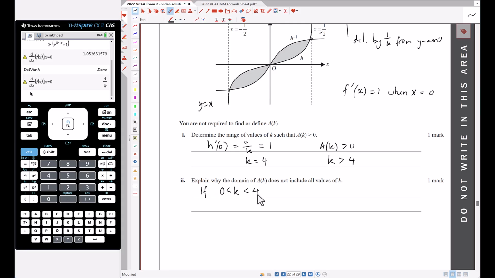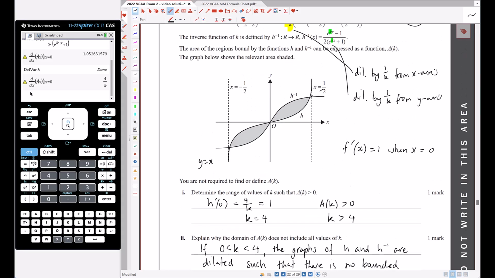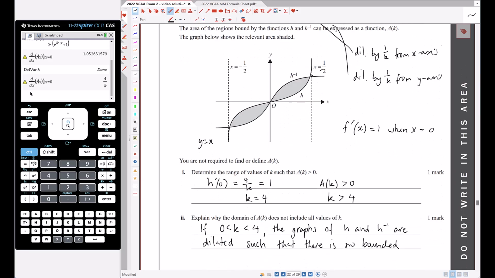So if k is between 0 and 4, the graphs of h and inverse h are dilated such that there is no bounded area. And as I said, the definition of A of k was the regions bound by the functions.